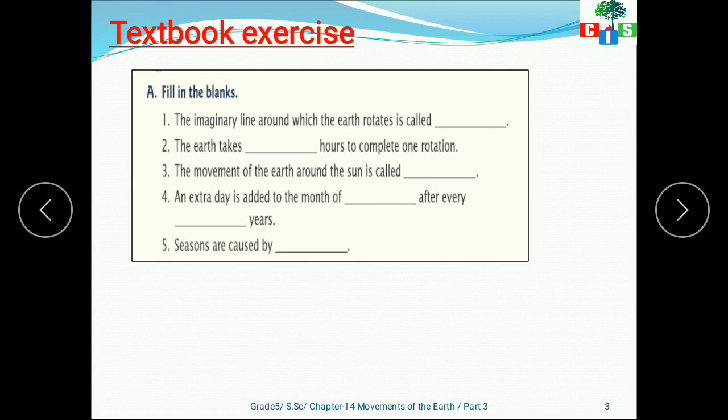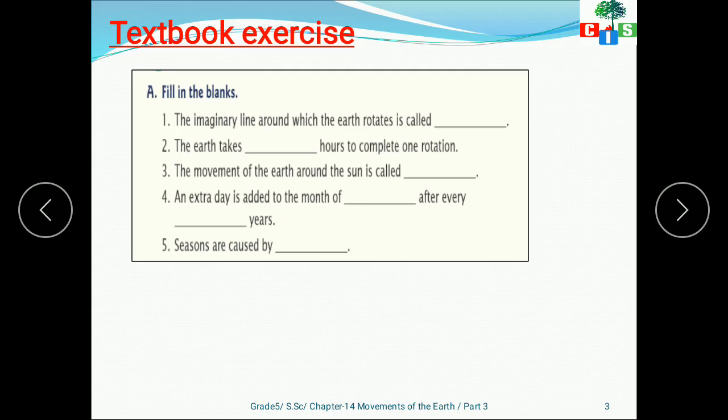I hope all of you know that the earth takes 24 hours to complete one rotation. Now the movement of the earth around the sun is called, yes, you are correct, revolution, and the movement of the earth on its own axis is known as, yes, rotation.